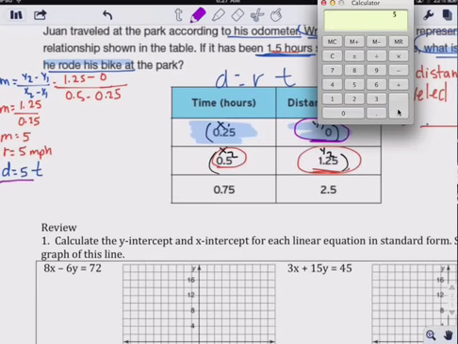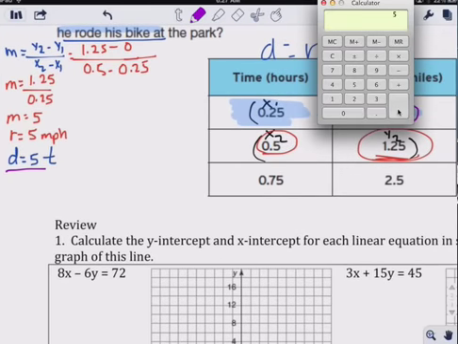So, to find the distance from his house to the park, because we have to subtract that, right here, of what he's already traveled to find his most recent distance.